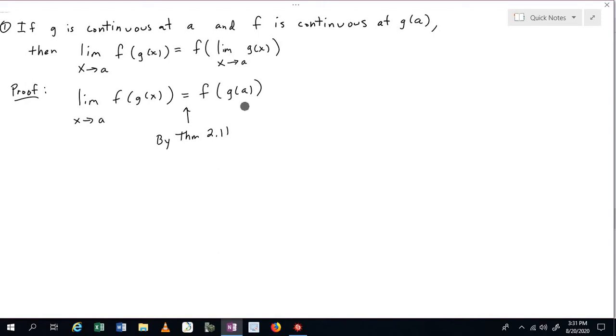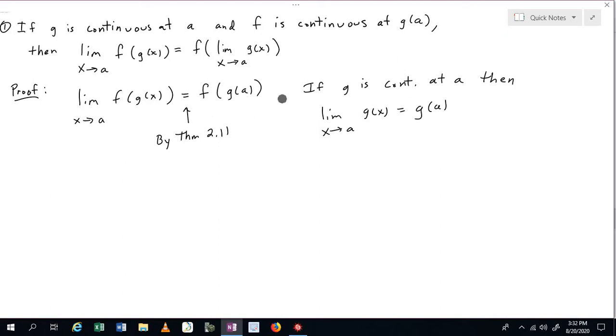Okay, so knowing that, we also know that g is continuous at a. So if g is continuous at a, then by the definition of continuity, the limit of g of x as x approaches a is the same as g evaluated at a. That's the very definition of continuity at a, so those must be equal.